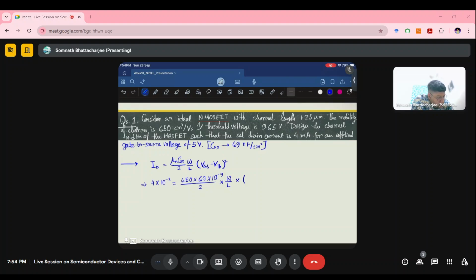The value of VGS, the gate to source voltage, was 5 volts and the threshold voltage is 0.6 volts. So this is the value.